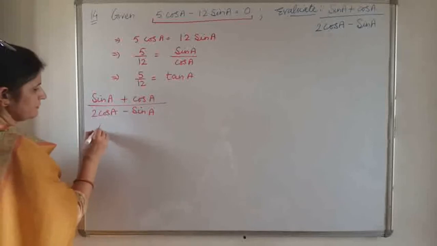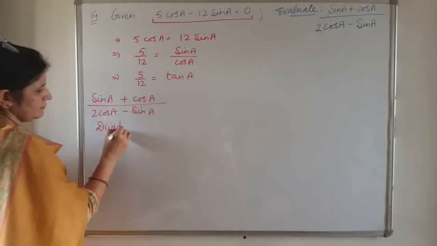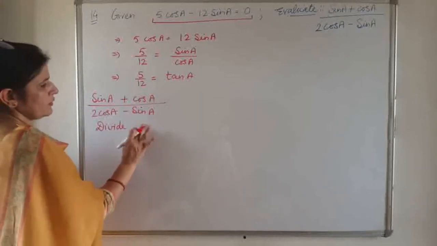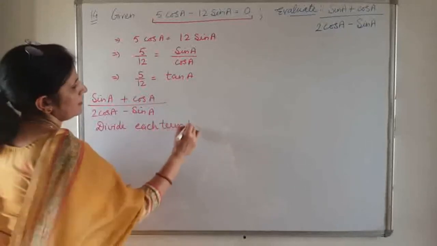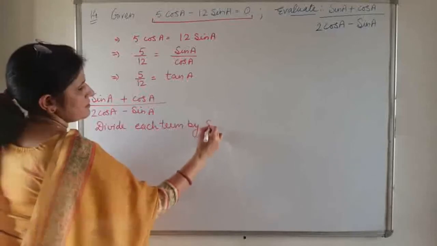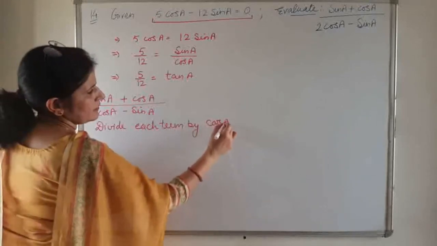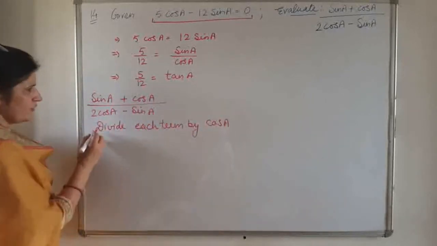So, divide each term by cos A. So, what do we get?